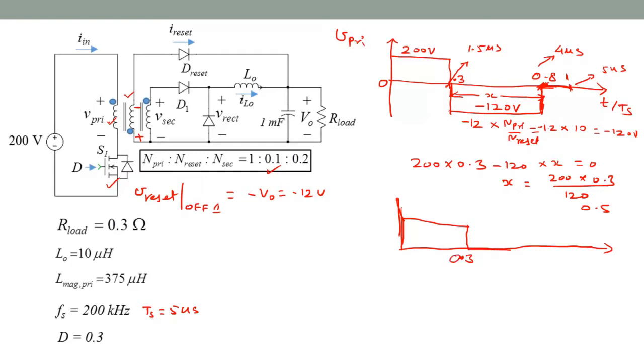And for the entire off interval, both off interval 1 and 2, this is 0 volts. So this is V rect, and this one is a constant value here, 200 times 0.2 or 40 volts, and its average we saw is V O, 12 volts. So that completes part B.